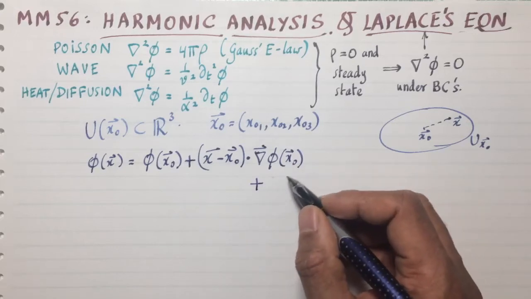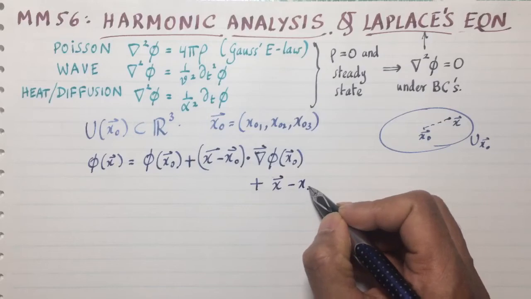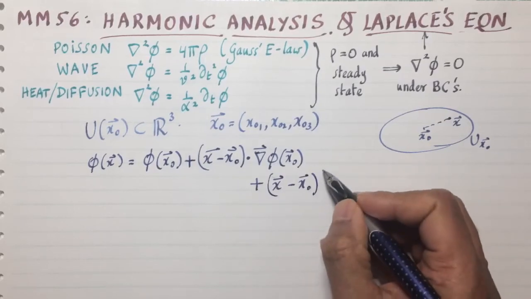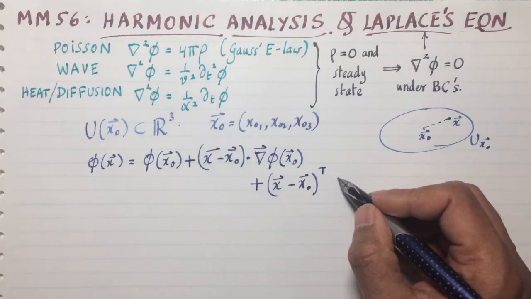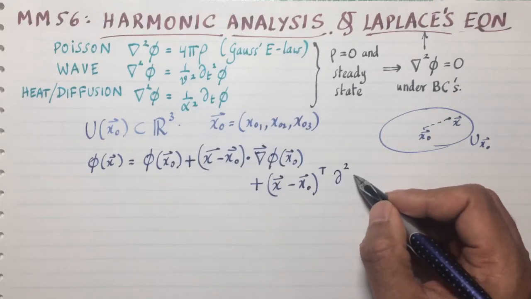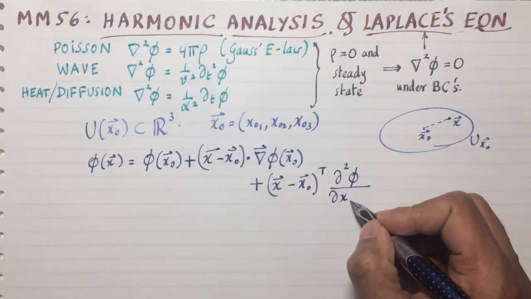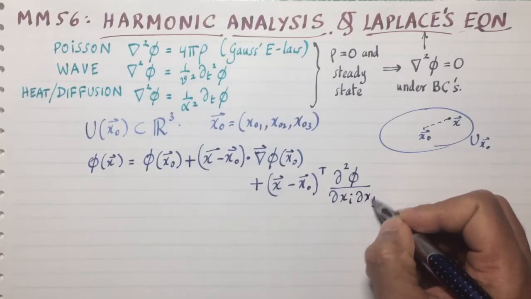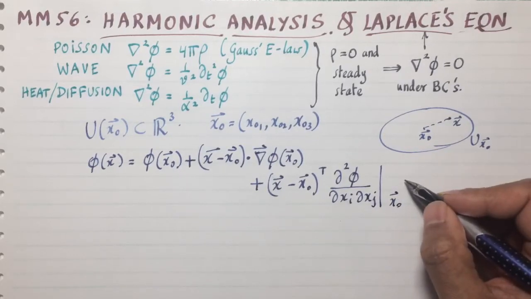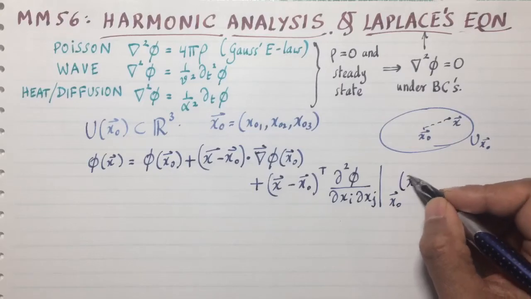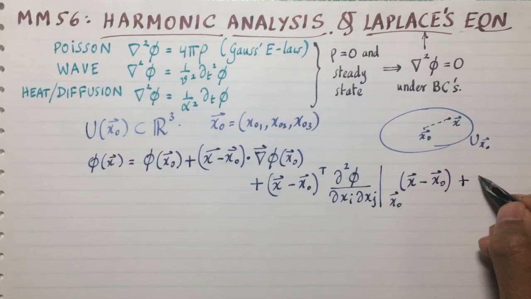And then, now this is going to look weird, x minus x naught transpose with a two-dimensional matrix, del 2 phi over del x i del x j, evaluated at x naught, dotted with x minus x naught without the transpose, plus higher order terms.